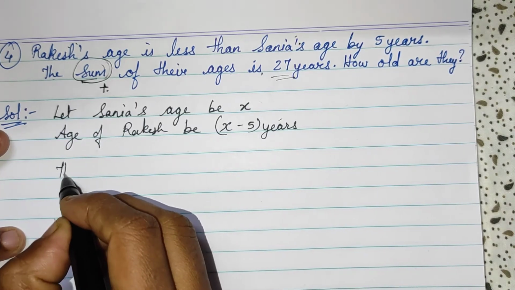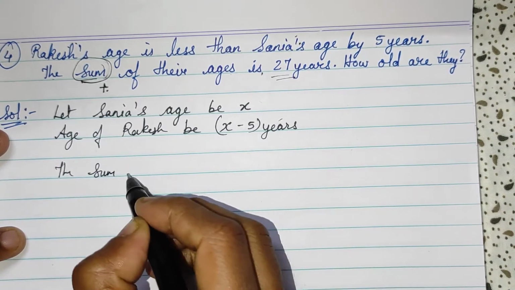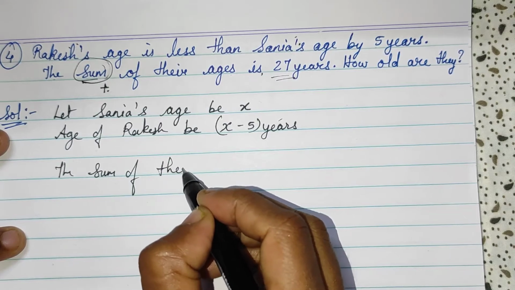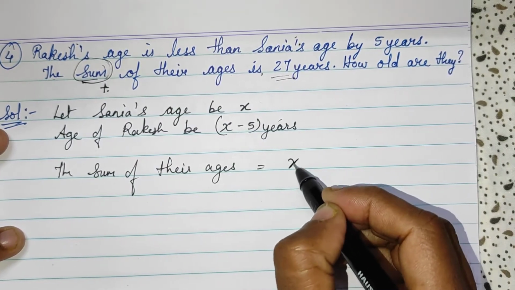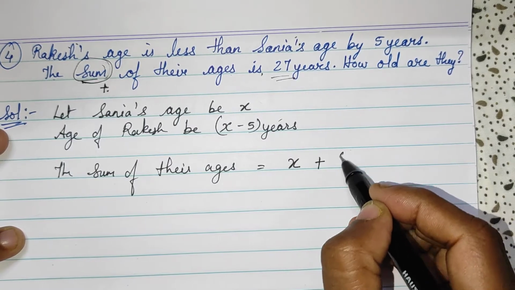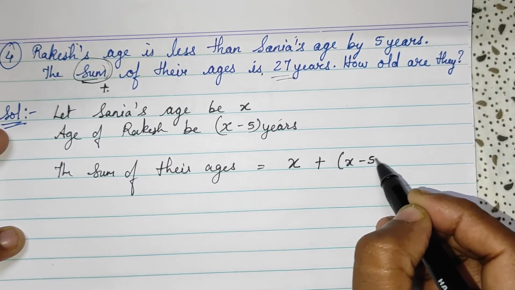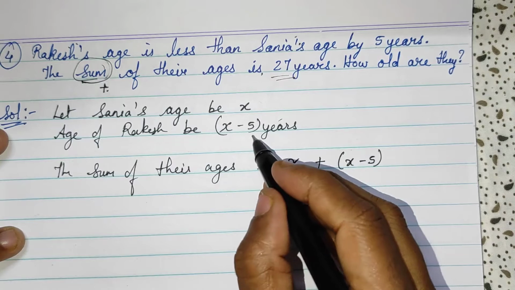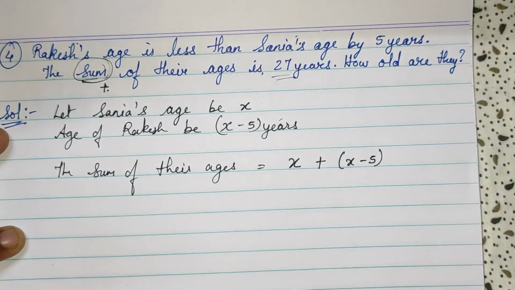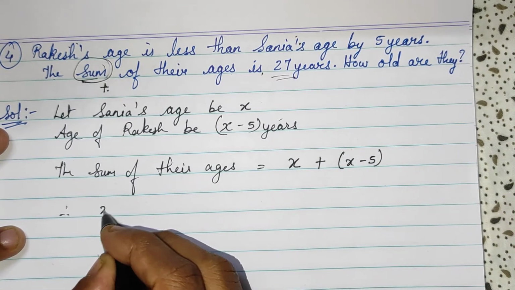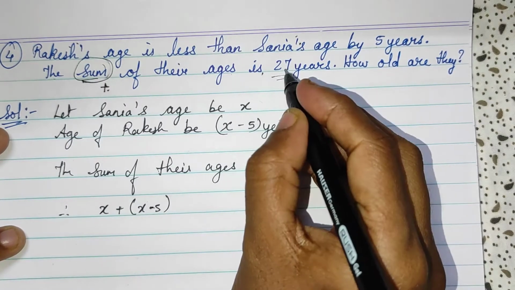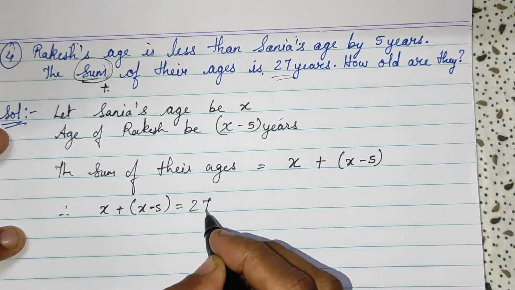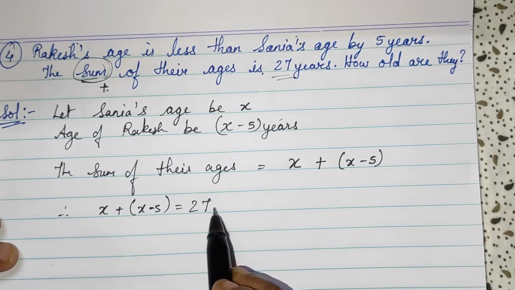So the sum of their ages equals x plus x minus 5, Sania's age plus Rakesh's age. How much is it? x plus x minus 5. They have given it is 27. So here is our equation.